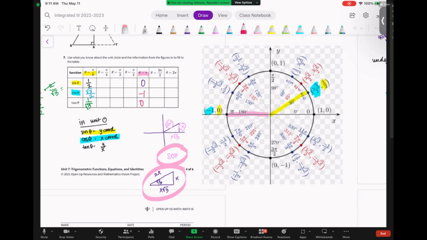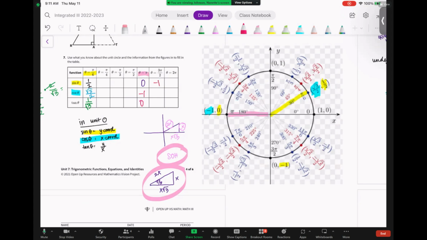I'm going to have you practice 3 pi over 2. So first find 3 pi over 2. Now that you have that, take your y coordinate and put it there, so that's -1.